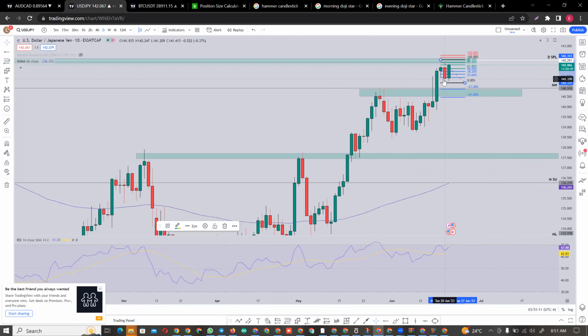If you are an intraday trader, just mark your resistance. Once the market forms this engulfing candle there, you know what the market wants to do. But this is not financial advice, so don't try it at home.